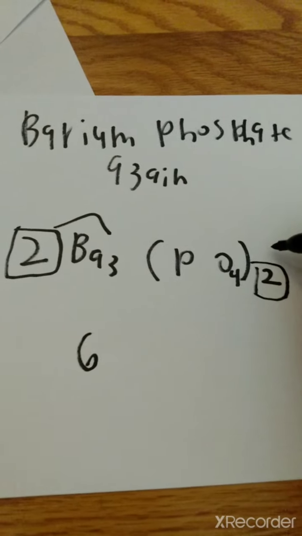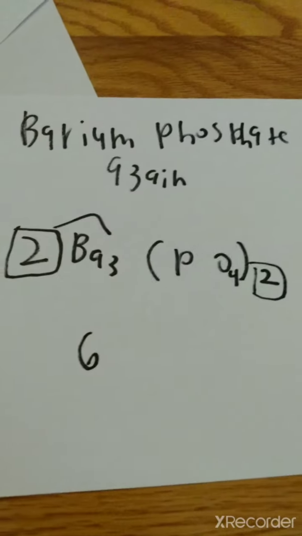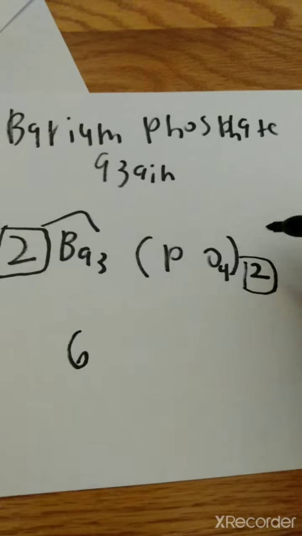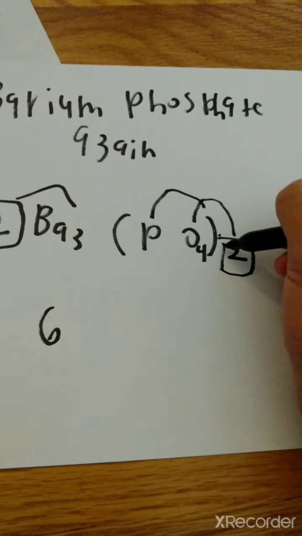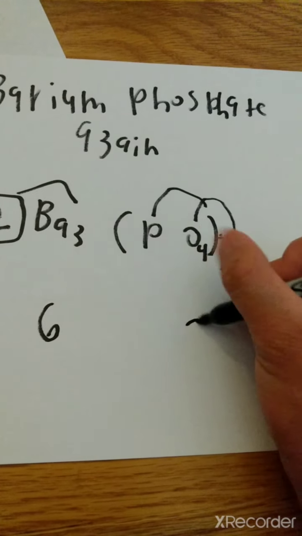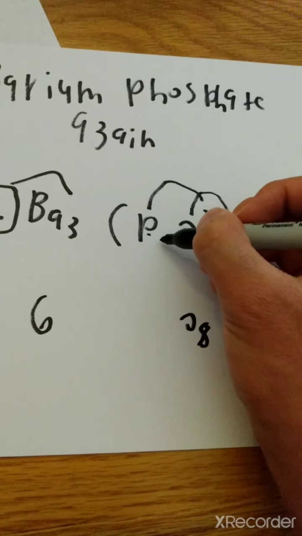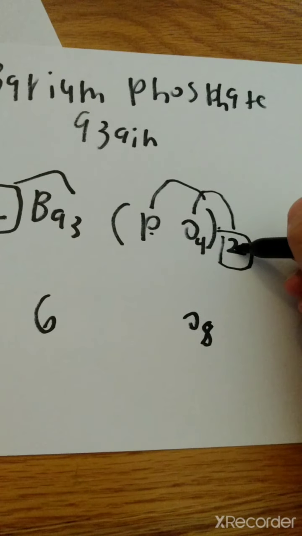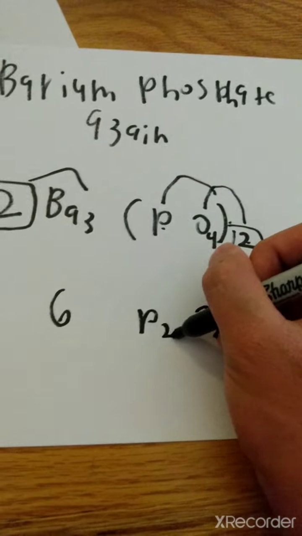So before we multiply everything by the coefficient 2, since there are 2 barium phosphate molecules, we're going to do this as usual and that as usual too. So now oxygen, 4 times 2, is 8. Oxygen now has 8. And phosphorus only has 1 atom, so 1 times 2, phosphorus now has 2 atoms.